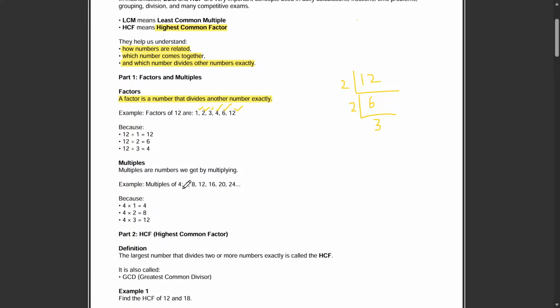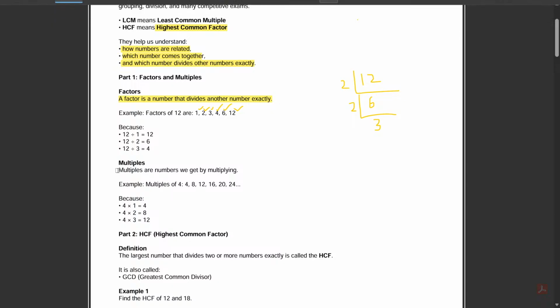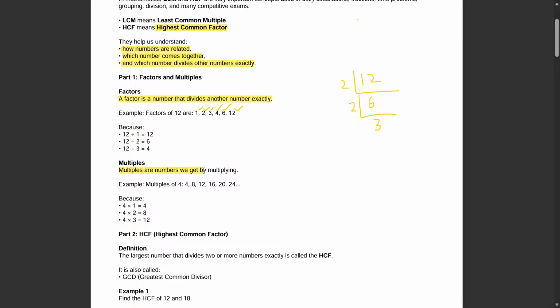Multiples. Now we will learn what multiples are. Multiples are numbers we get by multiplying. Example: multiples of 4 are 4, 8, 12, 16, 20, 24, and so on.